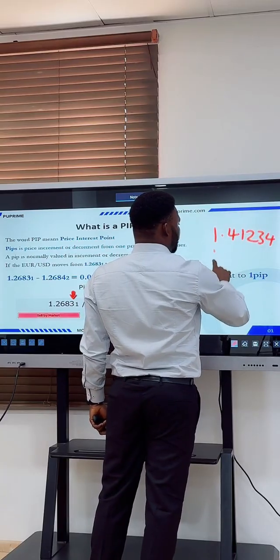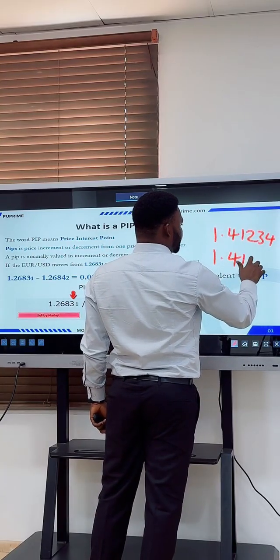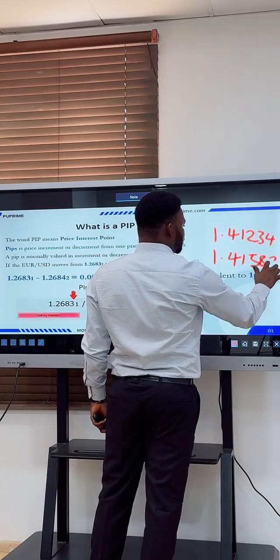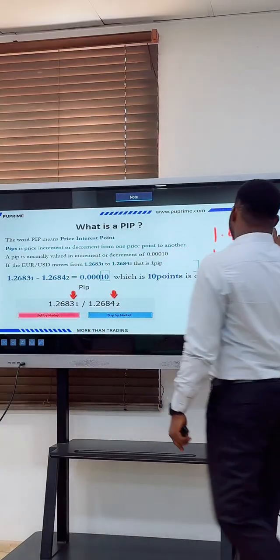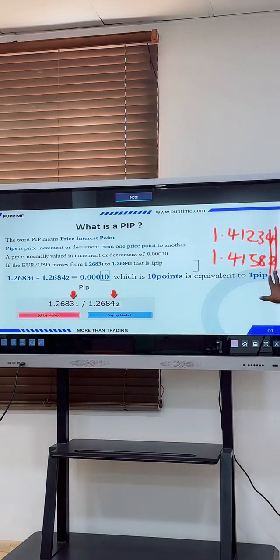If the price goes from 1.41234 to 1.41582, again the last digit is not really significant in trading.